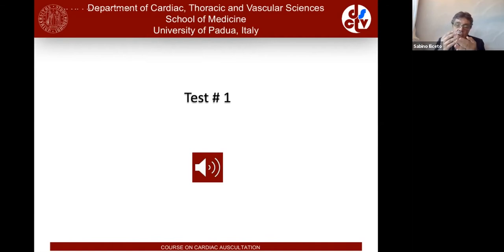Then I shall show you 4 possible solutions, and then I shall give you 30 seconds to mark on your computer what you think is the appropriate auscultation finding. And then I shall show you the graphs with the explanation. So let's start with test number 1, because then the procedure and methodology of the test will become very clear. So please concentrate. I'm going to show you auscultation finding number 1.